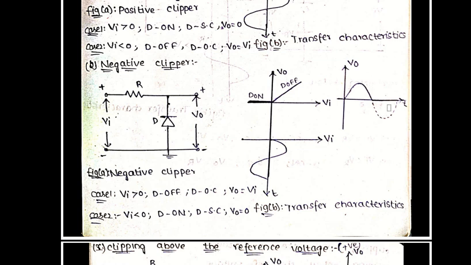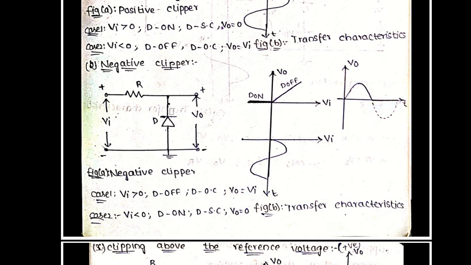If you observe this output signal, it clearly represents that during the negative cycle of the input signal, the output is 0. That means the circuit removes the negative portion of the input signal.